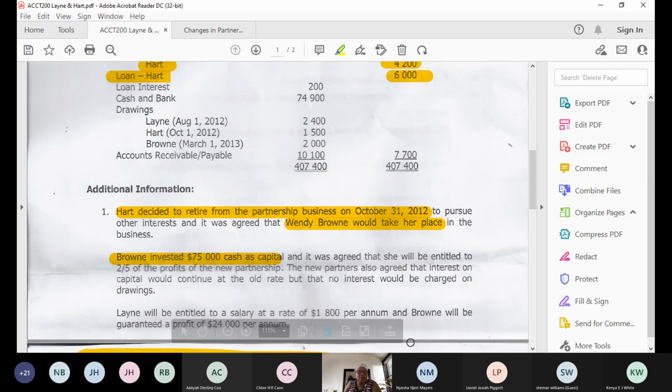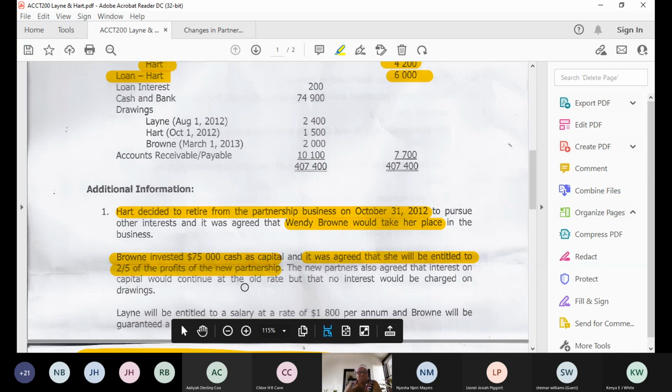So then when you come to the new agreement, you say Layne and Brown. So you say new agreement, Layne and Brown. And what did they say with the new agreement? It was agreed that Brown will be entitled to 2/5 of the profits of the new partnership.